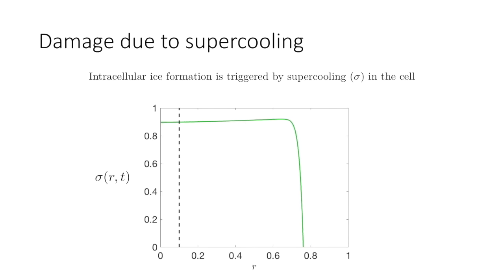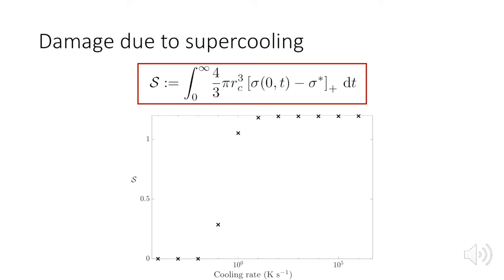In practice, this means that if you have nucleation points away from the freezing front, which you typically will, you will get ice forming away from the freezing front and perhaps inside the cell, causing intracellular ice formation. So while our model can't explicitly account for this intracellular ice formation, we are able to infer its effect from our model.